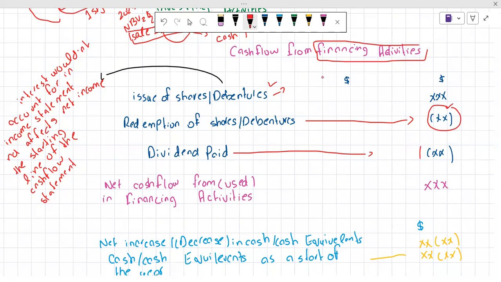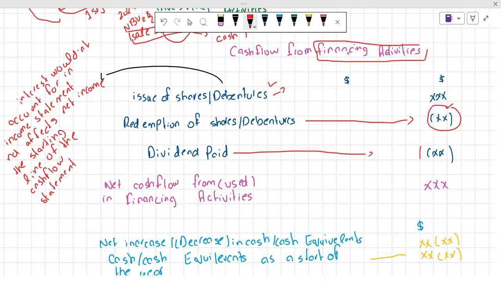Okay. So what is basically the main difference between financing activities and investing activities? In investing activities, the cash which is coming from outside the business, we don't have to pay back, we don't have to pay any kind of interest, and we don't have to pay back any kind of amount from it.